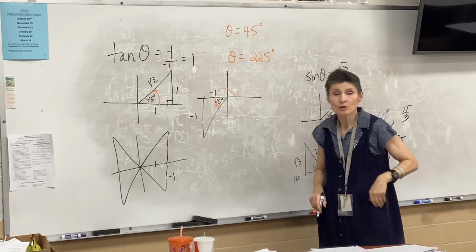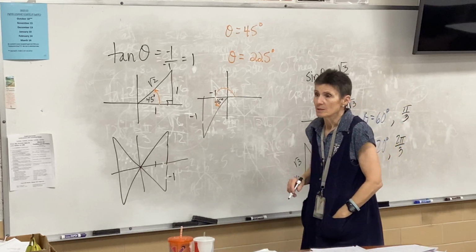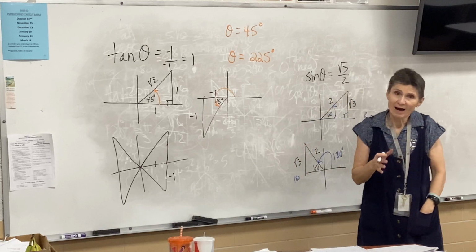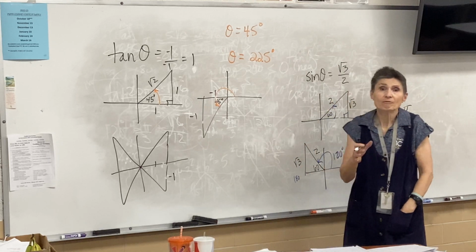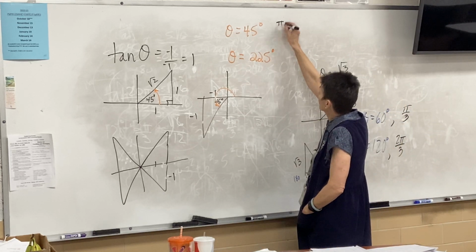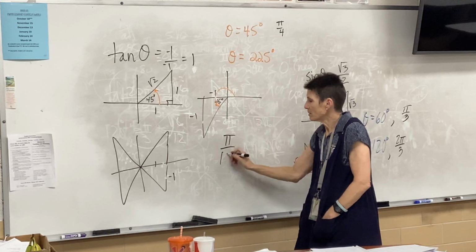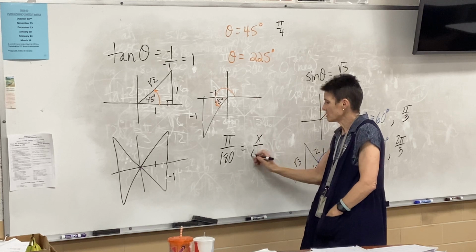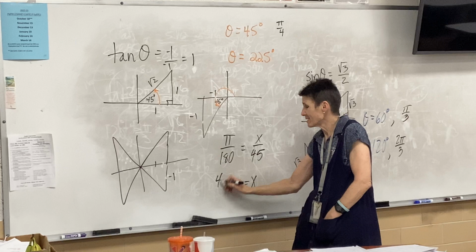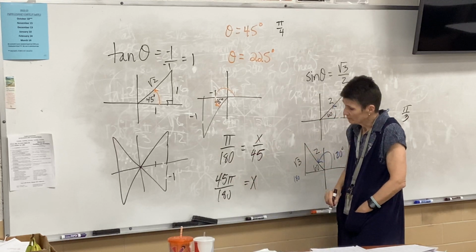Now I need to change those into degrees, or excuse me, into radians. So I don't know, we've done quite a few of these. 45 is a fourth of 180. So this is pi over 4. Now if that bothers you, pi over 180 equals x over 45. So x equals 45 pi over 180 if I multiply this over.